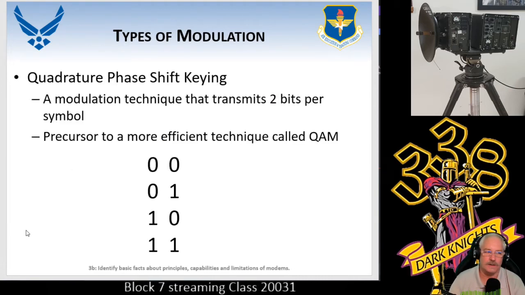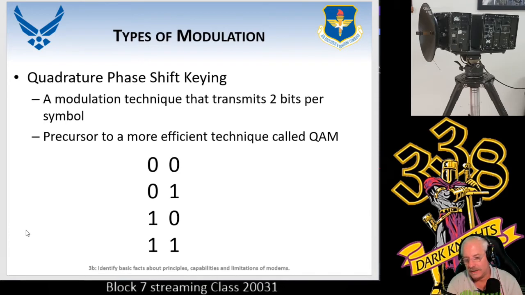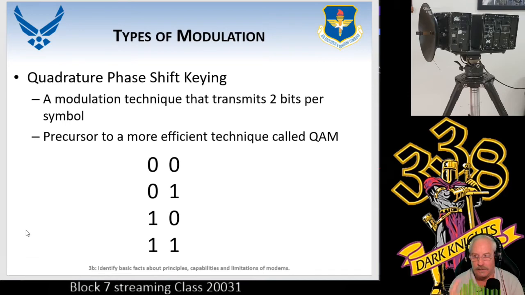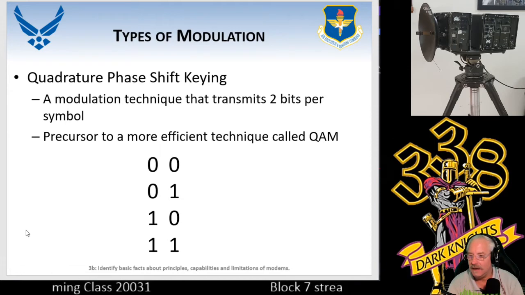Let's look at quadrature. Now this one's kind of crazy. Now what does it mean by 1 bit per symbol? Well, it's either a 1 or a 0. With quadrature, and this is where the 2 bits come into play, and you can see the box below it, that's how many bits or symbols it's playing with.